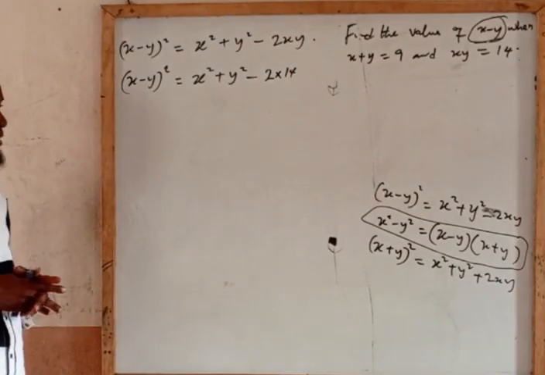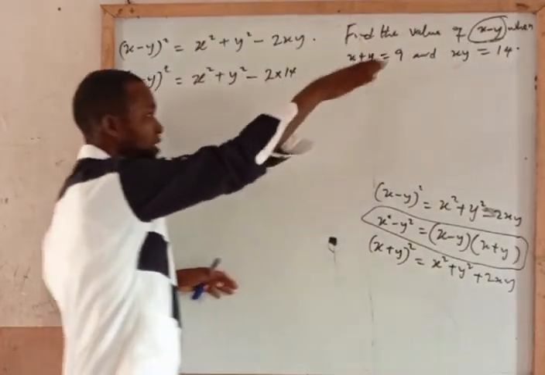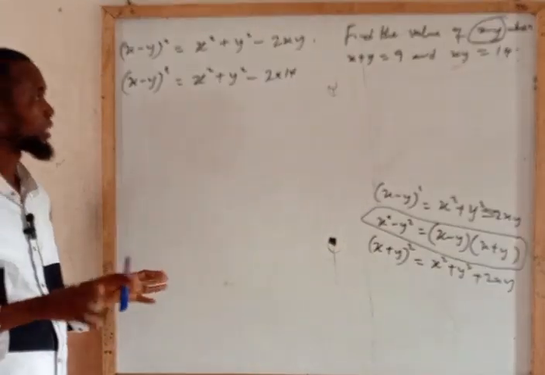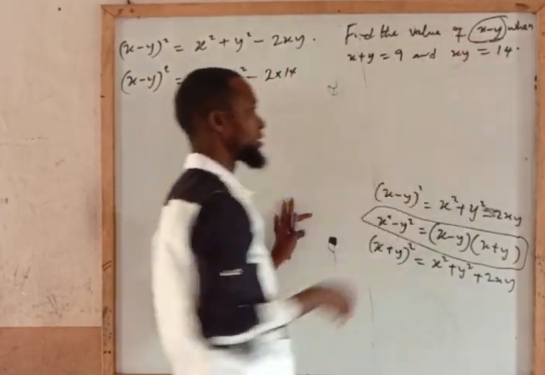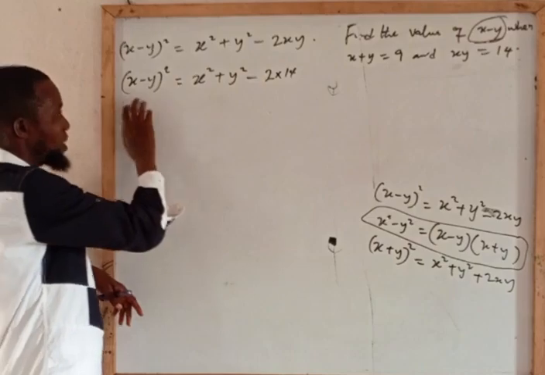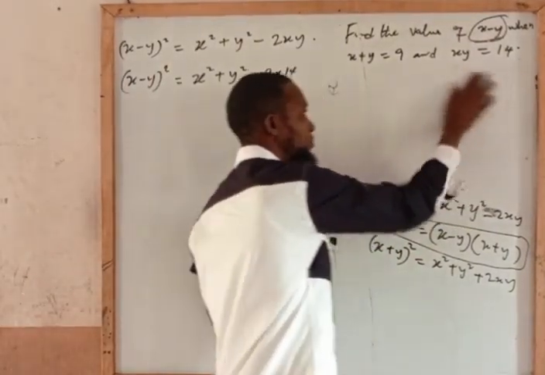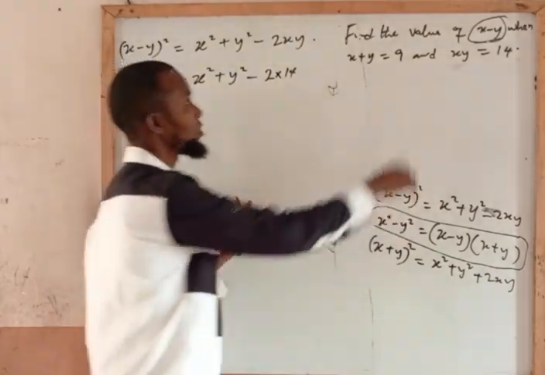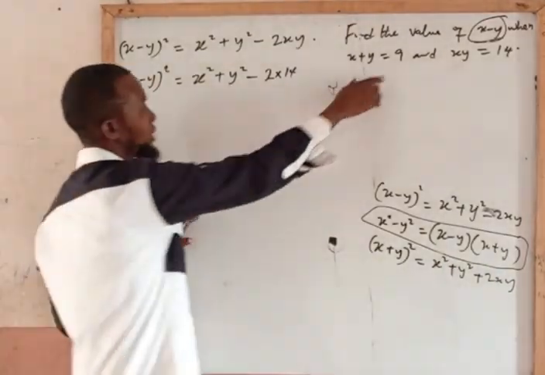In order to do that, we now need to go back to the requirement, to the given in this question, right? So remember, when given this, we are asked to find this. And when you look at what we have done so far, we've not used every given we have in this question. It's only one of the two that we have used, right? Therefore, we need this one as well.